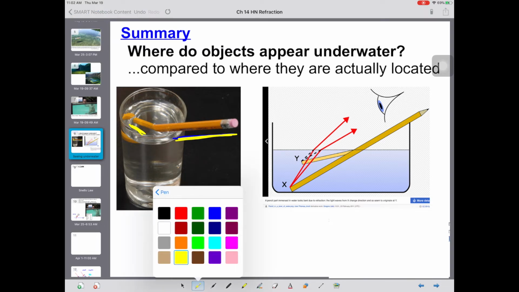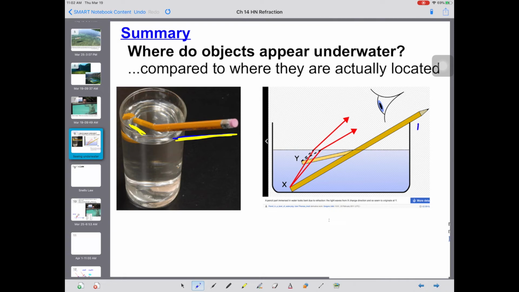Illustrated in the diagram to the right, you see the top of the pencil up here, okay? But the bottom of the pencil, the actual bottom of the pencil is right there, but the light coming from that bottom goes from the water up into air, and when it goes into air, it bends. And when it bends and goes into your eyes, your mind doesn't follow the bend back.